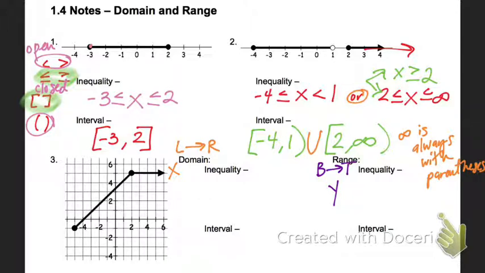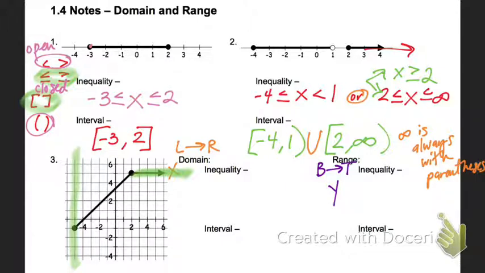So domain, you're going to scan with your pencil from left to right, then range, bottom to top. What I normally do with these is I will take my pencil or maybe 2 different colors, like a highlighter, and I draw a line where my function starts and where it ends, which means it's going to go on forever.